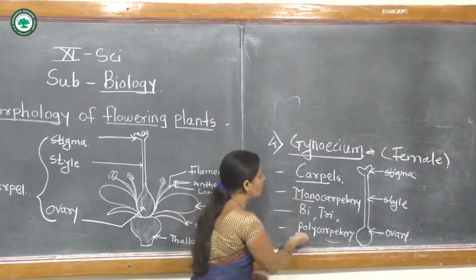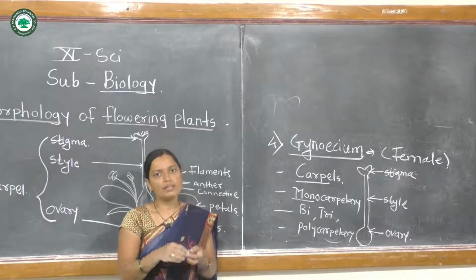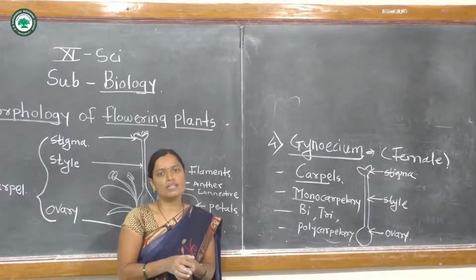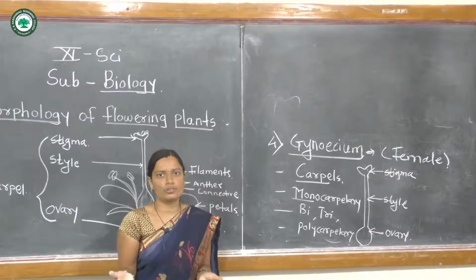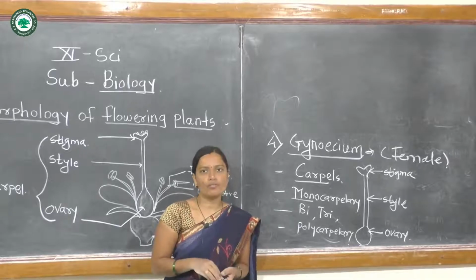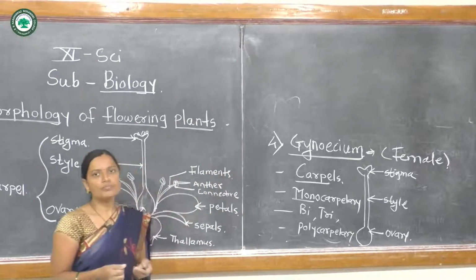Some carpels are united or joined with each other, while in other flowers they are free from each other. This gynoecium, the female reproductive whorl of the flower, is most important for the pollination and fertilization process.